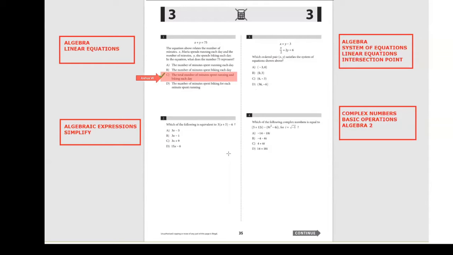Which of the following is equivalent to 3 open parentheses x plus 5 close parentheses minus 6? Okay, which expression can you say is equivalent? I put C, 3x plus 9. Okay, so just to catch up to you, I will distribute.